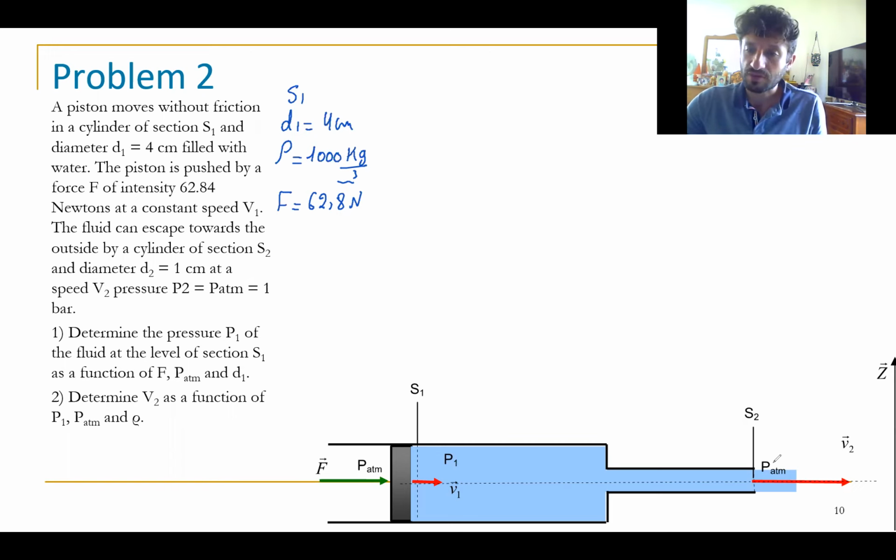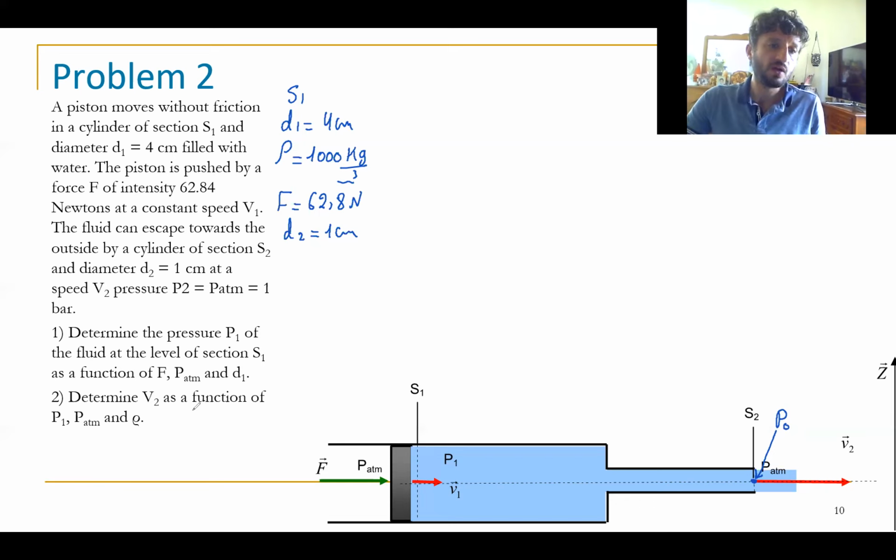I give you the diameter at the outlet: D2 equals 1 centimeter. At the outlet, the water is in contact with the external medium, where we have the atmospheric pressure P0.